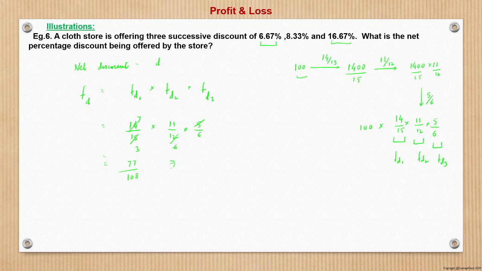So basically from here we can say discount is nothing but 108 minus 77, which becomes 31 upon 108, right? So in terms of percentage, what would be the value? See, had it been 31 upon 100, we could have said it is 31%.